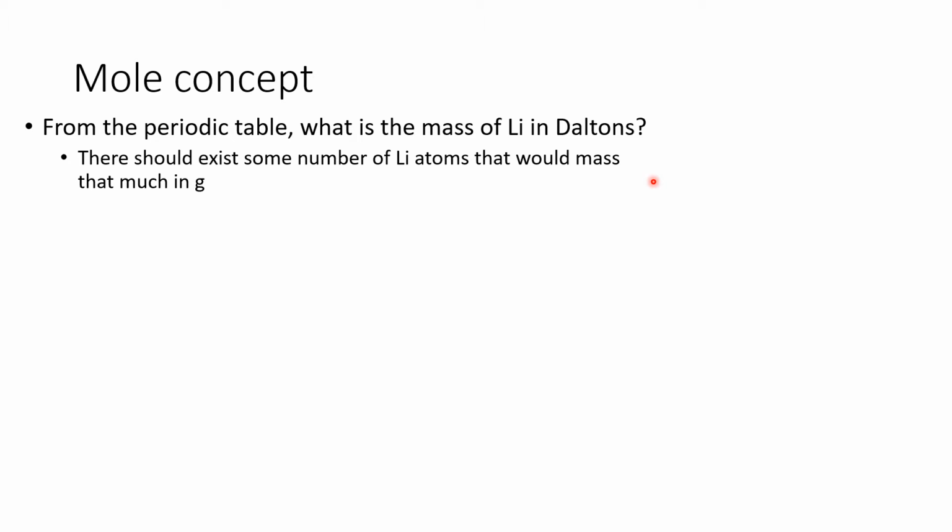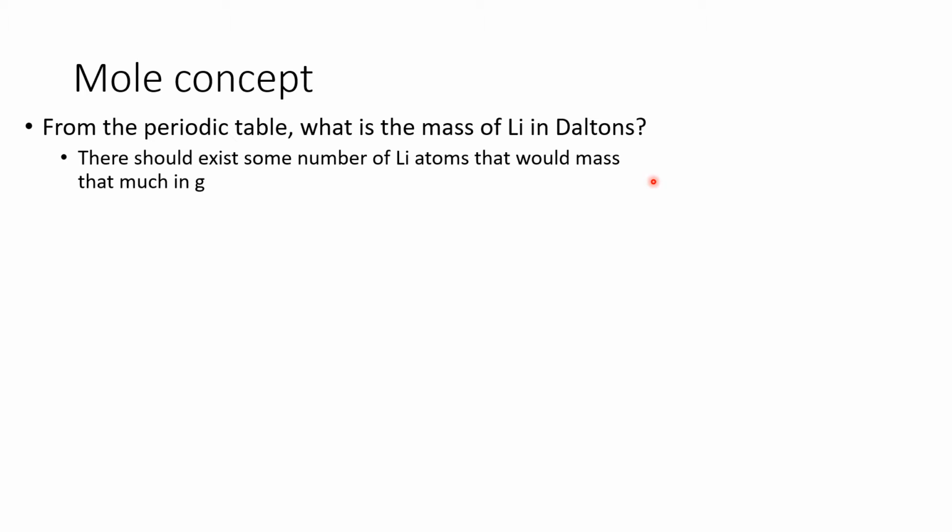So my thought experiment here is, well, Daltons are really tiny, but there should exist some number of lithium atoms that, if you had them all in a block, would equal a mass in grams numerically equal to that same number you had for the mass in Daltons. So if I'm looking at 6.941 Daltons for the mass of a single lithium atom, there should be some number of lithium atoms that would give me 6.941 grams of lithium.